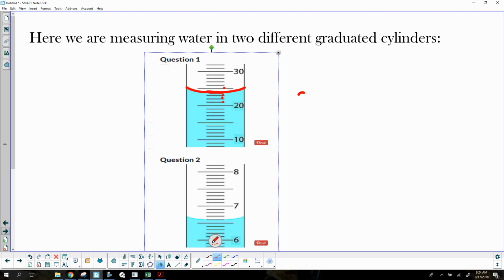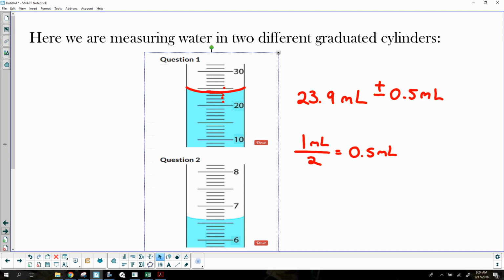I'm going to say this is 23.9 milliliters. Well, I'm going up by 1 milliliter increments. Divide that by 2, I get 0.5 milliliter increments. And so I'm going to say plus or minus 0.5 milliliters. Notice here that my estimated digit in my measurement is in the same place as my uncertainty in my measurement.